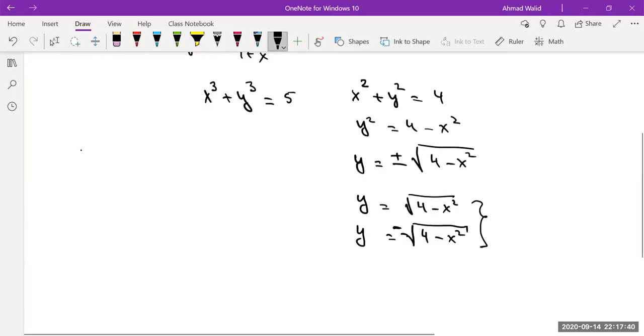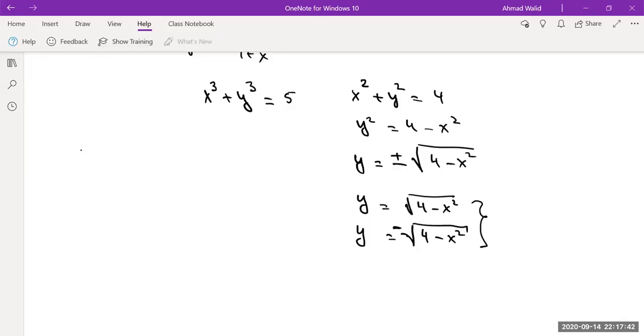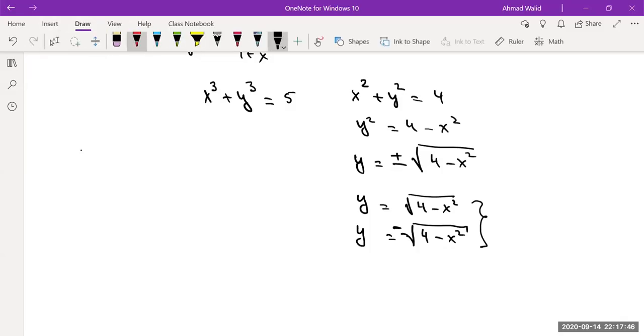If I ask you, it's not a face-to-face class, so I cannot ask questions here. I wish this class was face-to-face. If I ask you, what is the shape of the function square root of 4 minus x squared, some of you may recognize that it's a half circle.